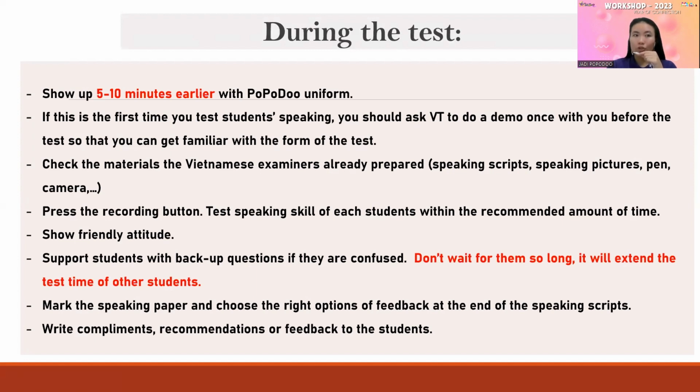Then you check the materials that the Vietnamese examiners already prepared: the speaking scripts, speaking pictures, and the pen with the camera as well. When everything is ready, you press the recording button and then you start to test the speaking skill of each student within the recommended amount of time.